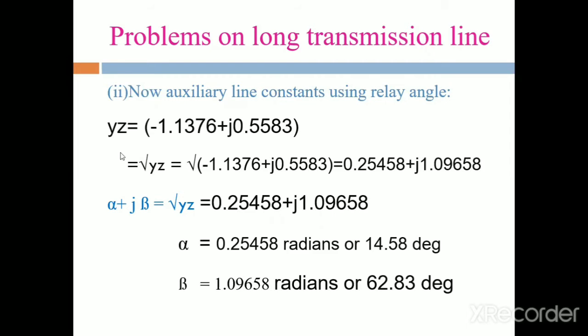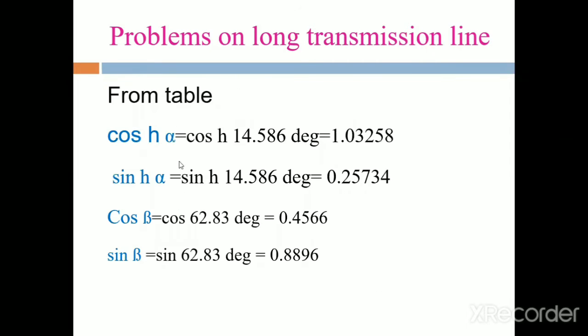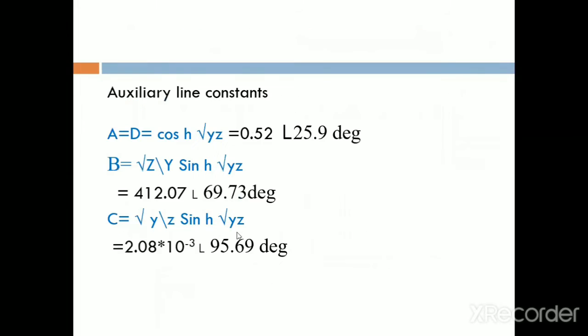What are the real angle formulas? First of all, A is equal to D is equal to cosh root of yz. We revise the formulas for the real angle method. After that, B is equal to root of z by y sinh root of yz.